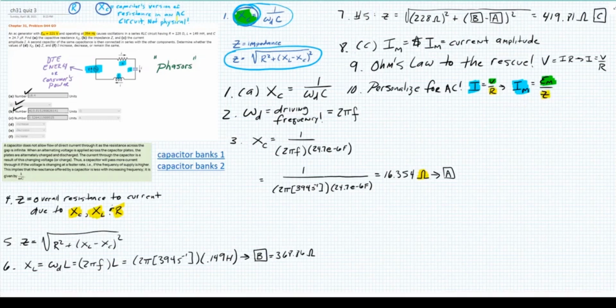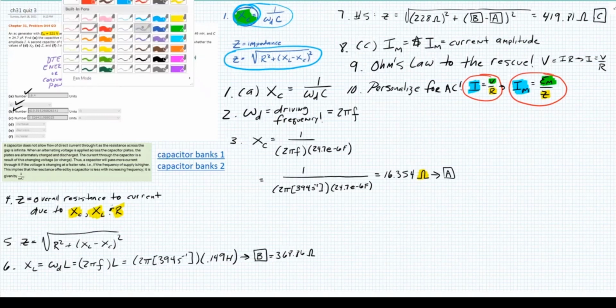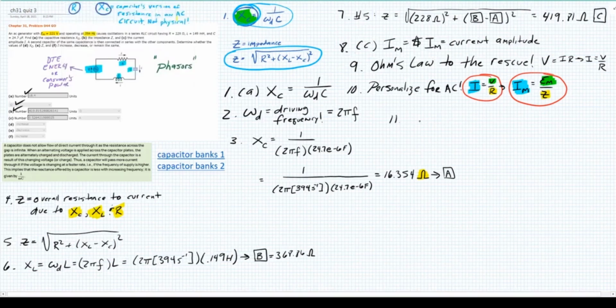Okay, but here's the good news. This is Ohm's law for simple DC. This is Ohm's law for AC. So let's take advantage of that and solve for the peak current going through this circuit. Number 11.